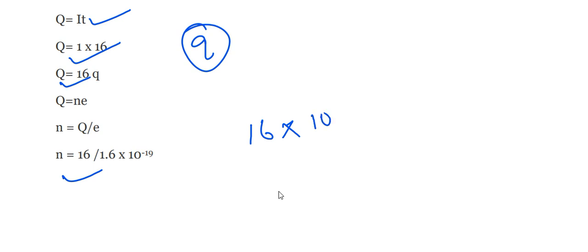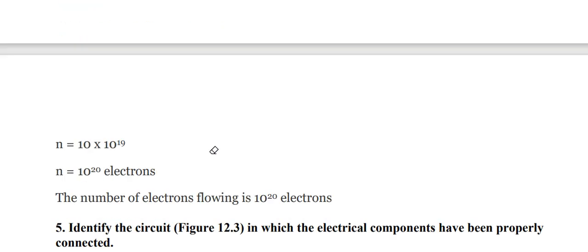So n equals 10 to the power 20, then the number of electrons flowing is 10 to the power 20 electrons.